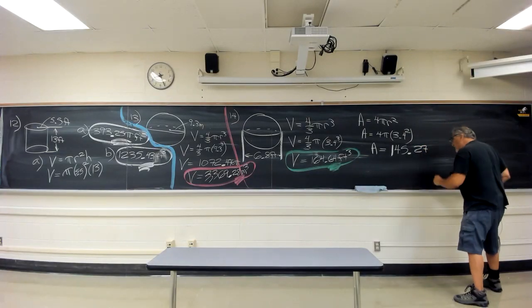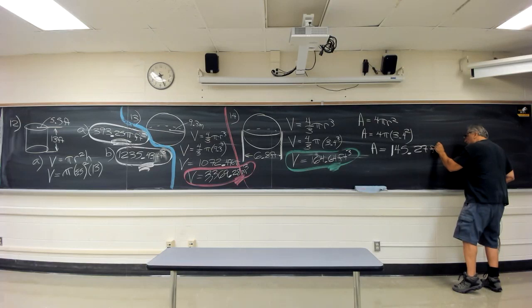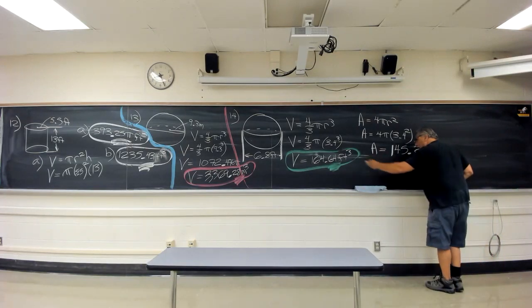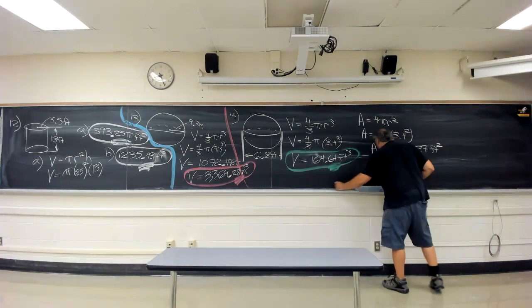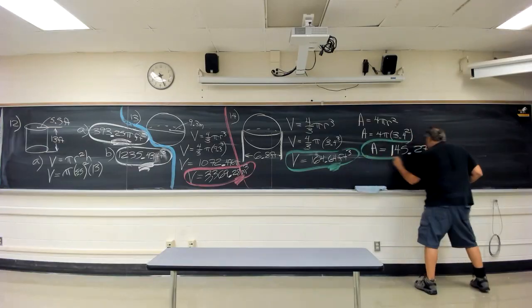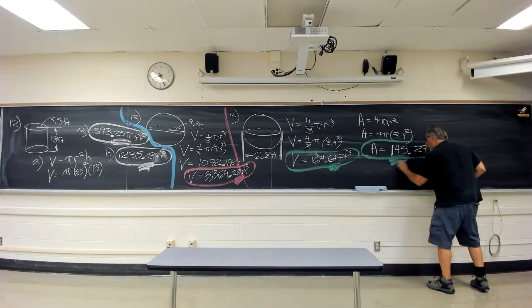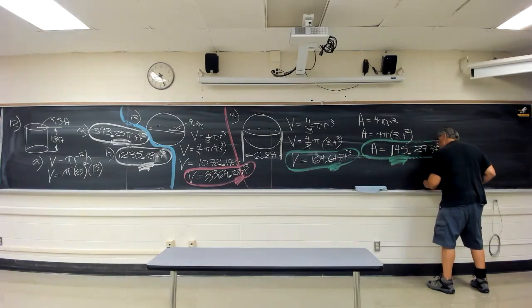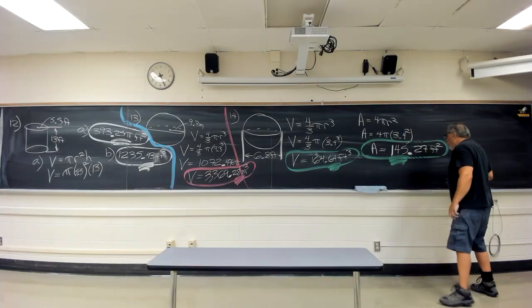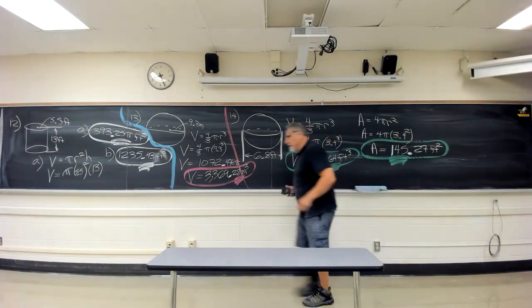And that is feet squared, because it's area. Feet squared is area. Feet cubed is volume. They didn't ask us for the volume. We answered it. Good practice, I guess. But this is what they are asking us. We've got to make sure we write that answer in there. 145.27.